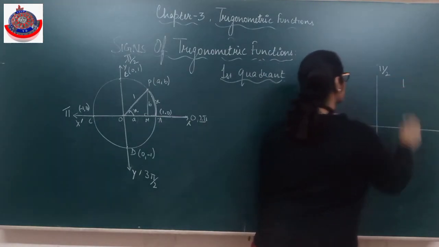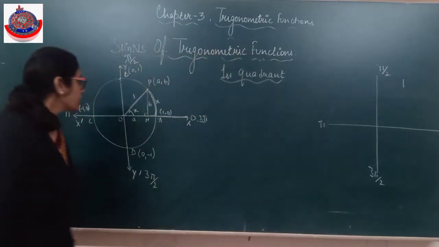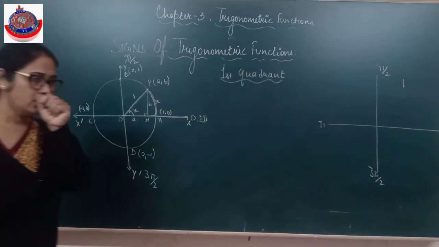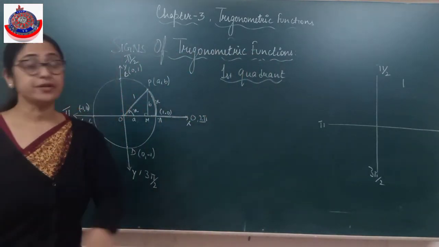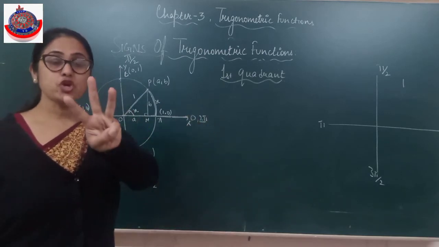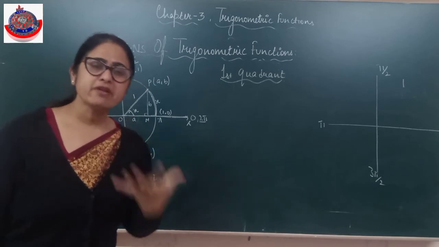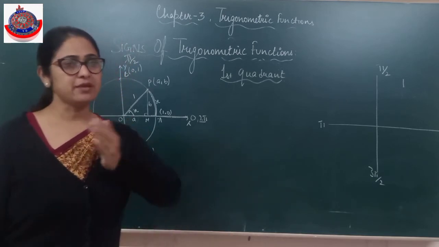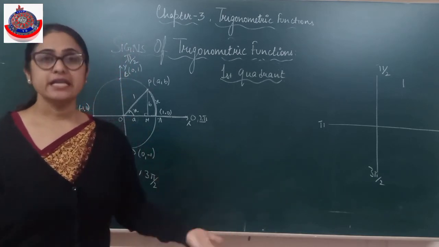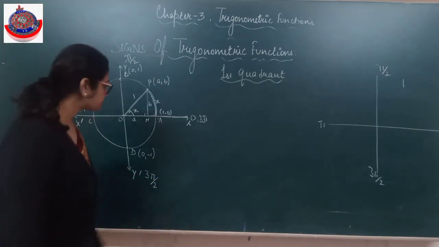I'm talking about first quarter. Clear? Now in first quarter I write the 3 trigonometric ratios which are main and 3 are the reciprocal. Definitely whatever will be the behavior of sine, the same behavior will be of cosecant. Clear? In the terms of sine.